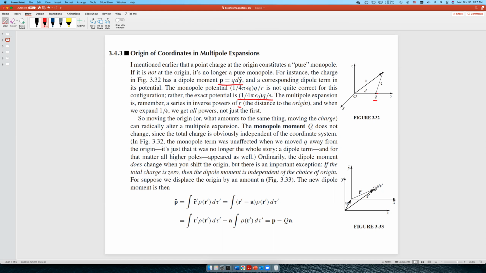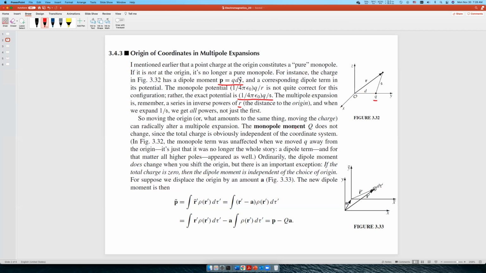So that means by simply moving the origin, for a single charge Q, the dipole term appears. If the Q is at the origin, then it's purely a monopole, but if you shift it, then you get a dipole. So moving the origin can alter the multipole expansion.